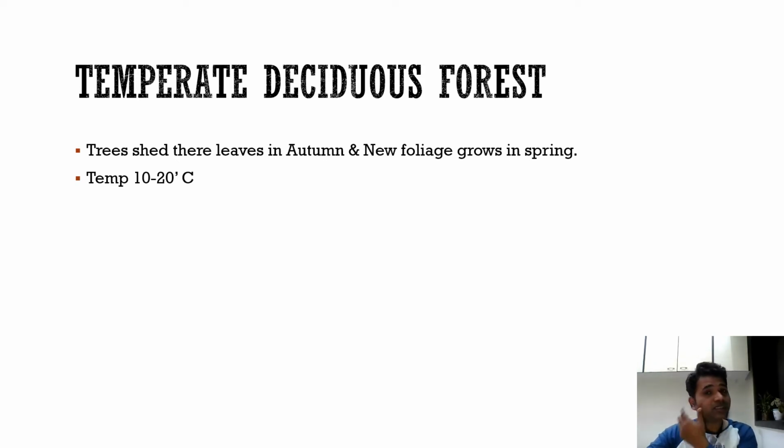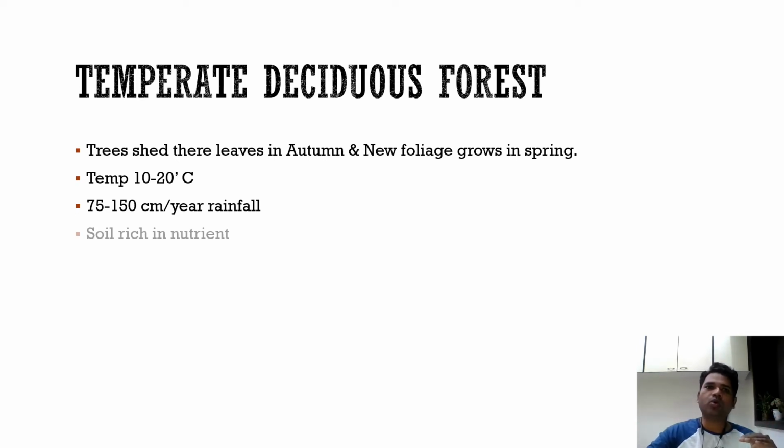So in the temperate region, they witness temperatures around 10 to 20 degrees. That is the normal temperature over there. And the rainfall is moderate, around 75 to 150 centimeters per year. So it's not too high like in the evergreen rainforest kind of ecosystem. The rainfall over here is a moderate one, not too low, not too high.